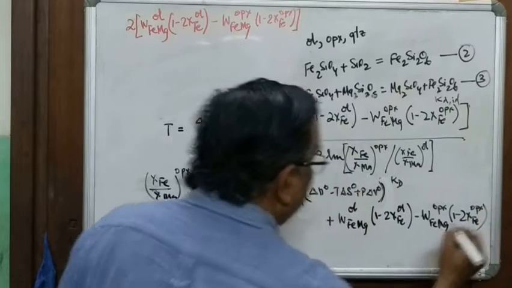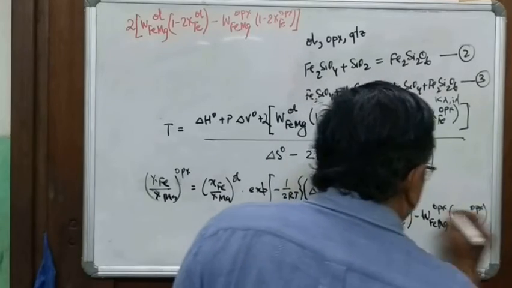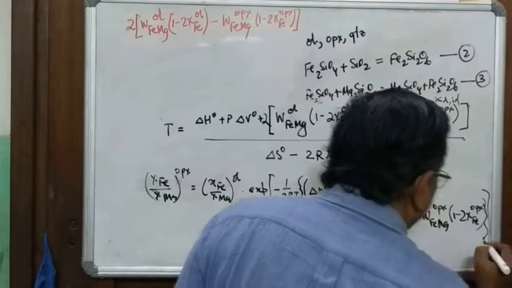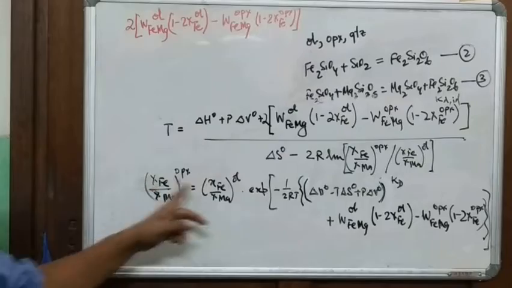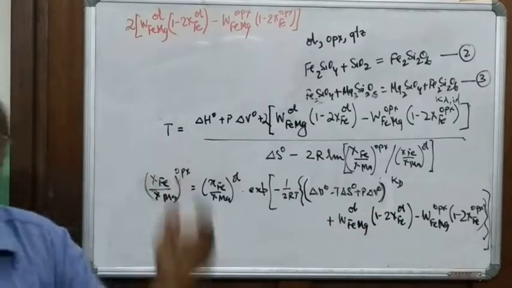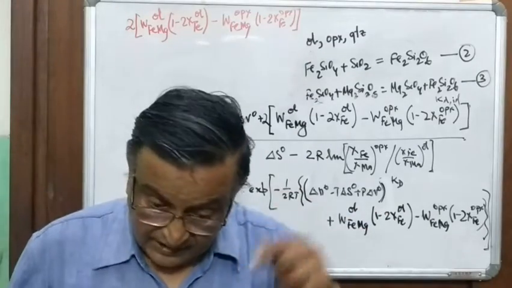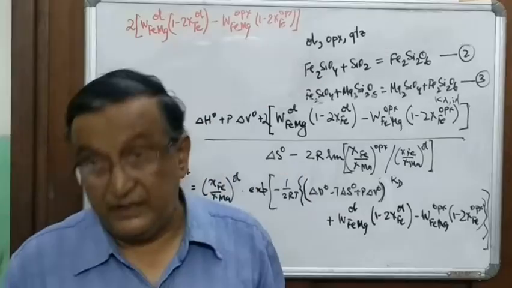That is how it would be included, and you will have a third bracket and then a final bracket. So this is how it will be if the system is not ideal.